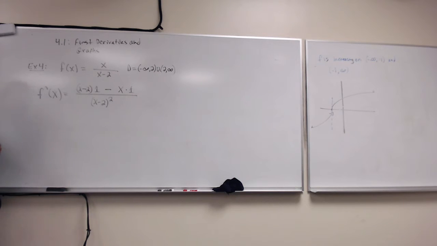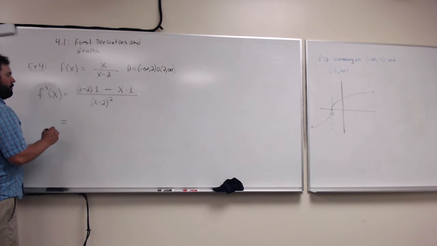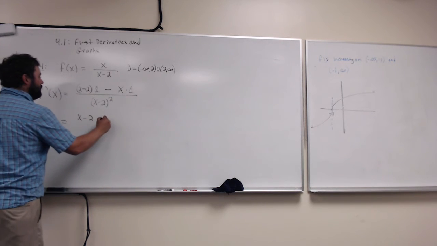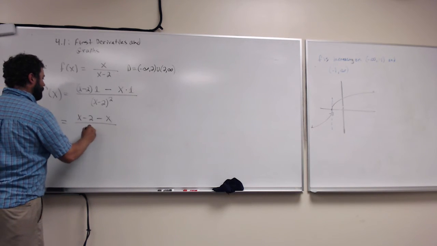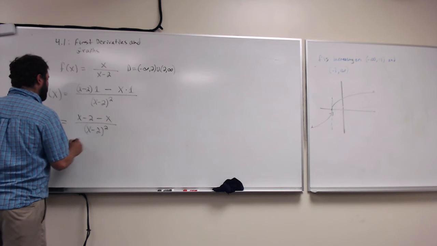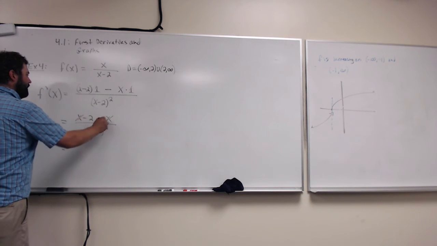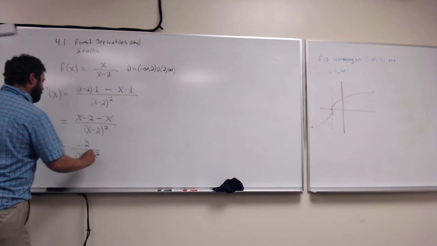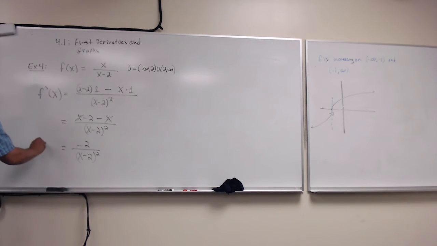Okay. Then we can clean up the numerator a little bit. It becomes x minus 2 minus x over x minus 2 squared. The x's cancel, and you just get negative 2 over x minus 2 squared. So there's your derivative.